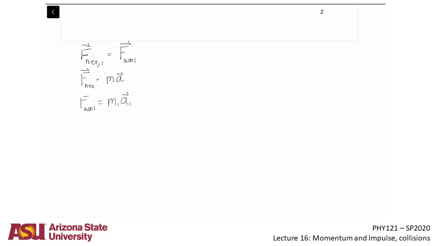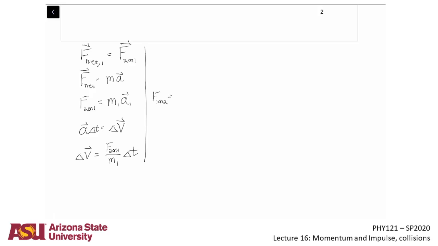If this is some constant force, then we can multiply both sides by time. And since we know that a delta t is equal to delta v, then delta v is equal to F2 on 1 over m1 delta t. Now, we can do the same thing for m2.